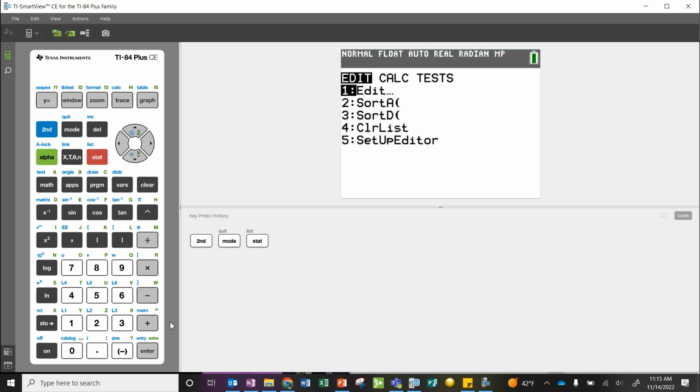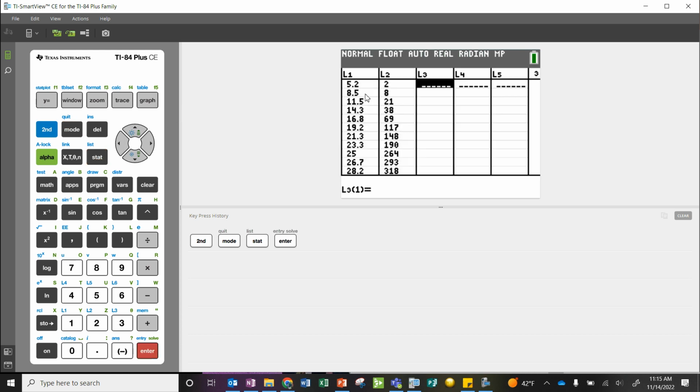So if I go to stat edit, here's L1 and L2. Here's the lengths and then the weights, right? So I'm going to scroll over to L3, go up and highlight L3, and I'm going to take the log of everything in L1, so second L1.